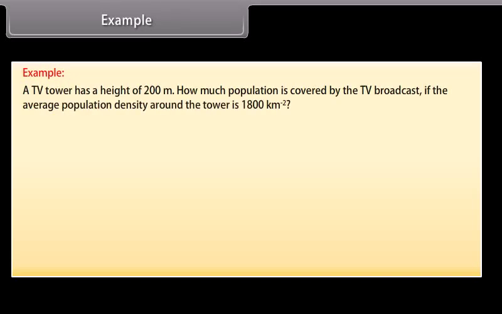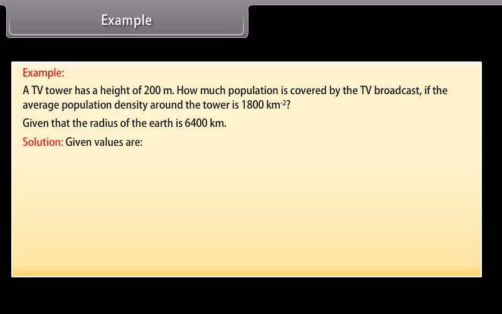Example. Let's take an example. A TV tower has a height of 200 meters. How much population is covered by the TV broadcast if the average population density around the tower is 1800 per km squared? Given that the radius of the Earth is 6400 kilometers.